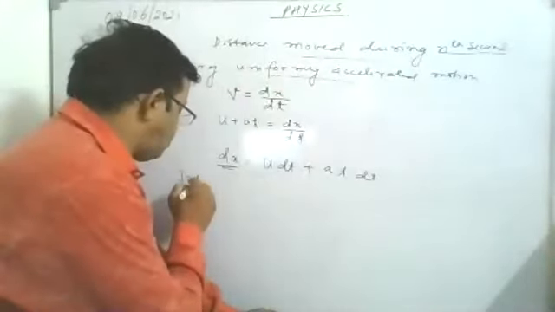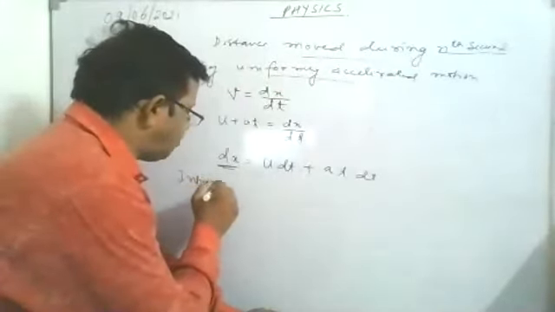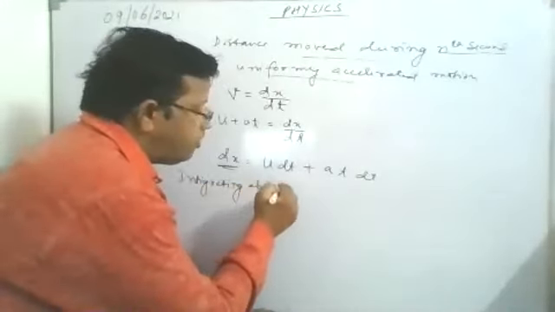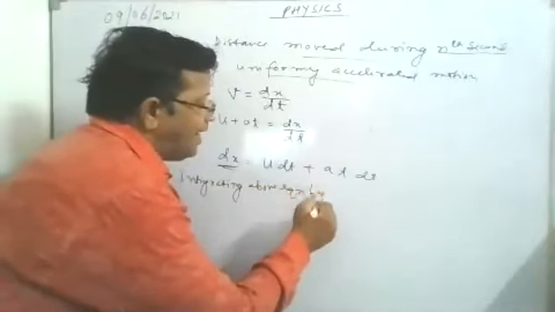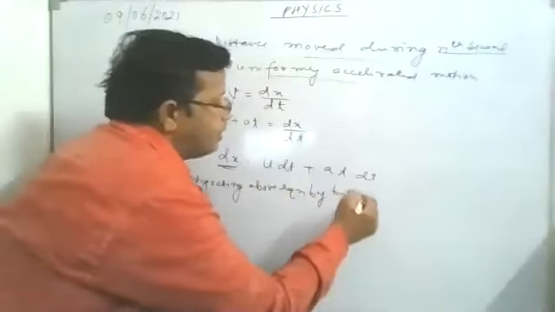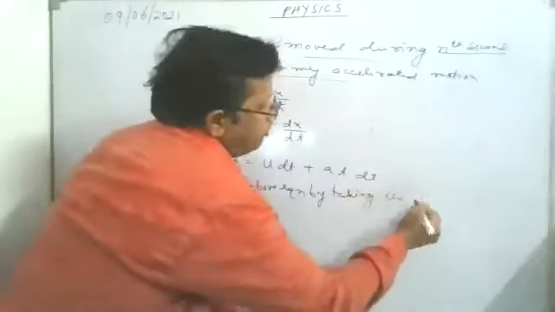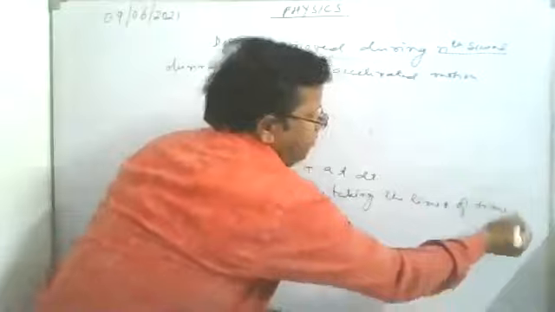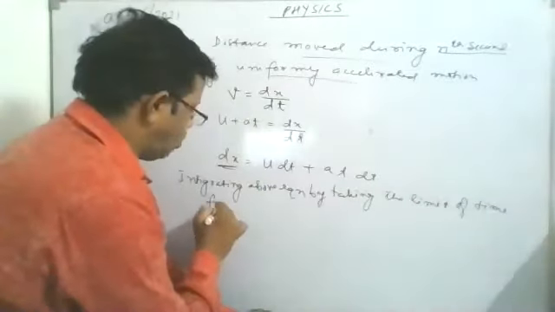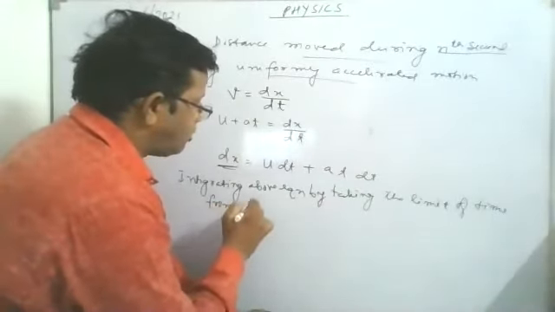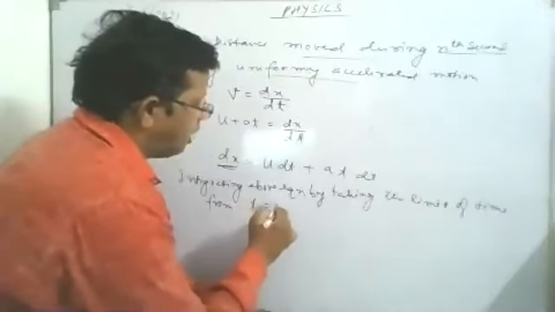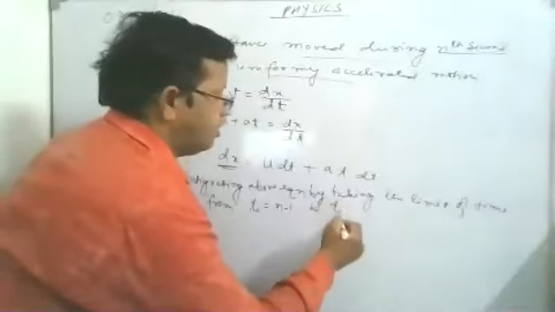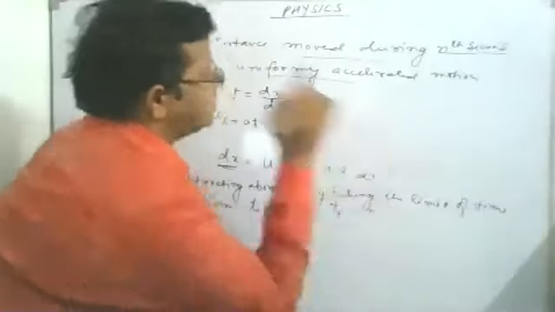So we will integrate the above equation by taking the limit of time. What is the limit of time? What is the lower limit? Initial time is n-1 second, and the final time is nth second.